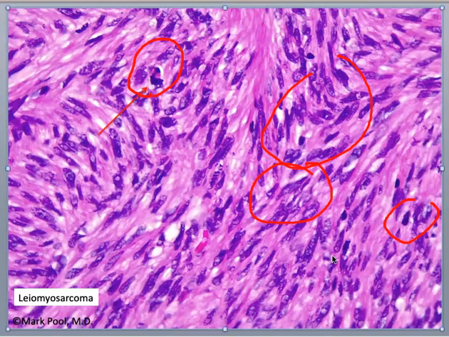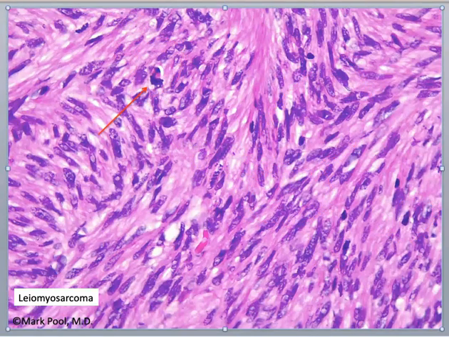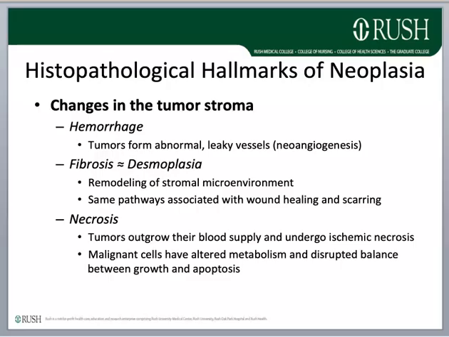So all of these factors are taken into conjunction when we make the diagnosis of leiomyosarcoma, or malignant smooth muscle neoplasm of the uterus. Now remember that a tumor is more than just the parenchymal cells making up the tumor. It also includes the tumor stroma, and there are changes in the tumor stroma that are also associated with malignancy.